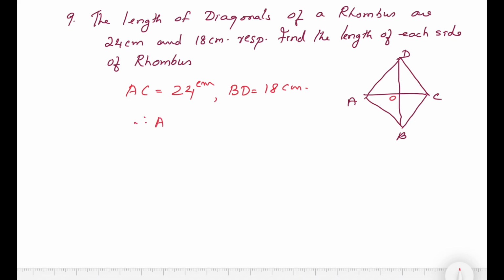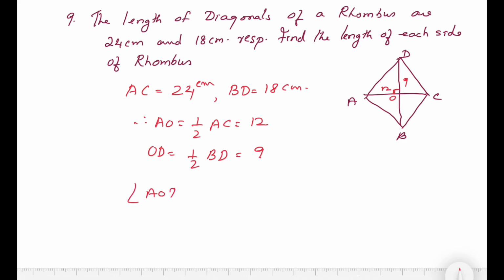Therefore AO will be equal to half of AC, equal to 12, and similarly OD is equal to half of BD, equal to 9.